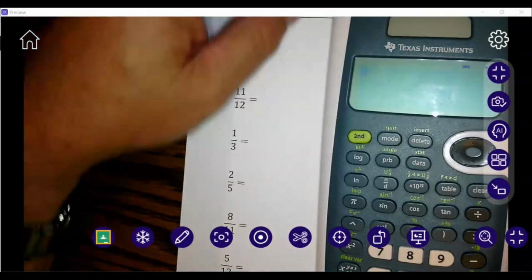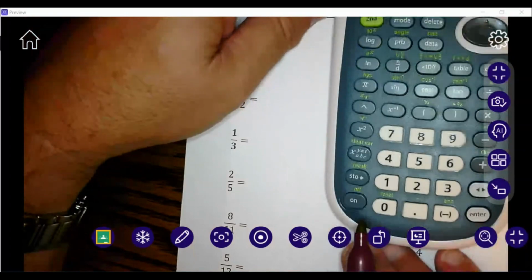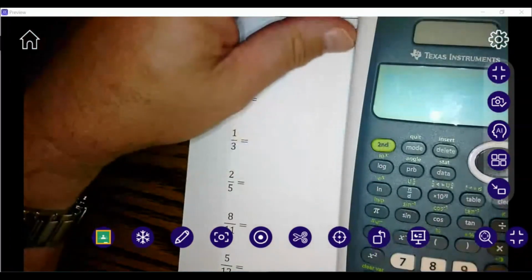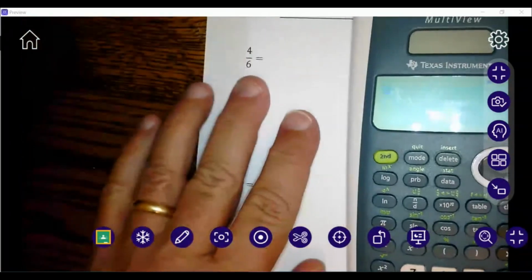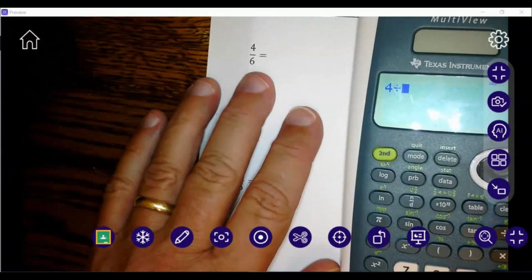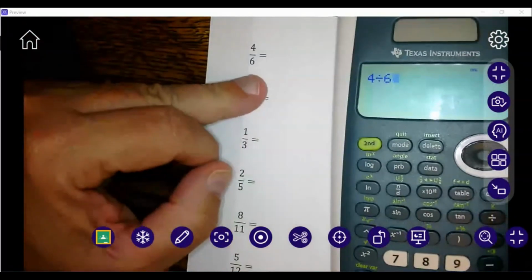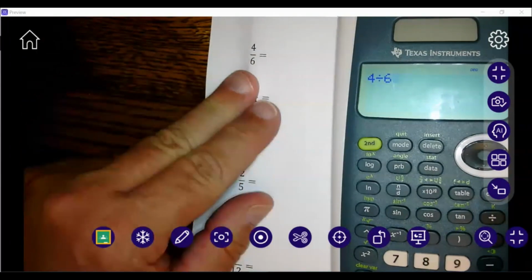Okay, so I'm going to turn my calculator on, button right down here. It's solar powered. And in order to do this first problem, I'm going to hit 4 divided by 6. It's that simple. The number on top gets punched in first, divided by the number on the bottom.